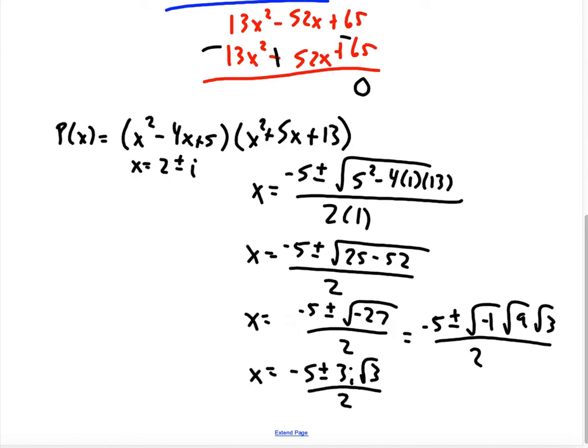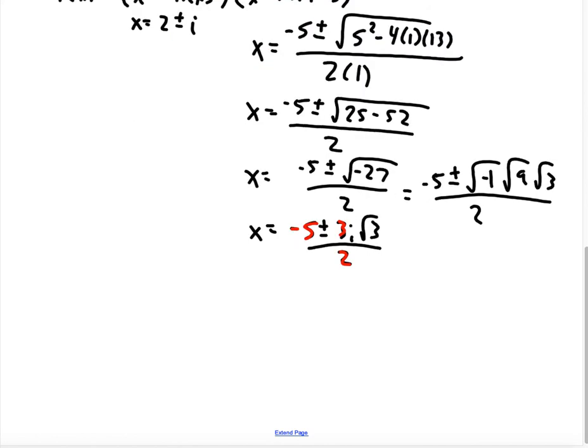And so if you look on the numbers there on the outside, can you reduce them down? Do they have anything in common, all three of them? No, they do not. So because they don't have anything in common there, we're going to leave our answer like that. We can also pull it apart. I can put 2 under, I can divide negative 5 there by 2, and then I can divide the 3i by 2, so negative 5 over 2 plus or minus 3 over 2 i.